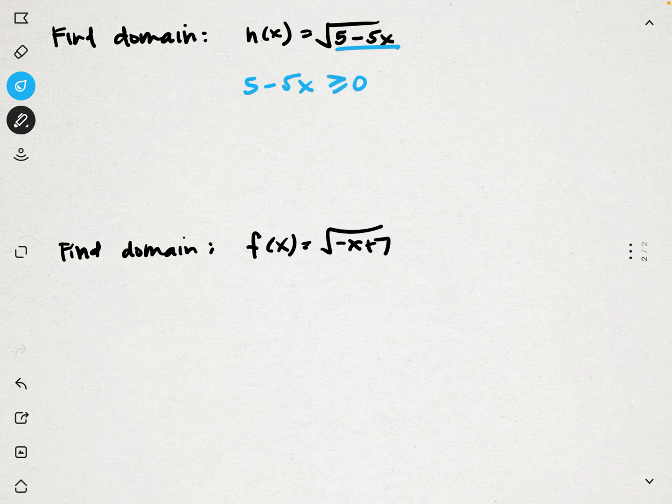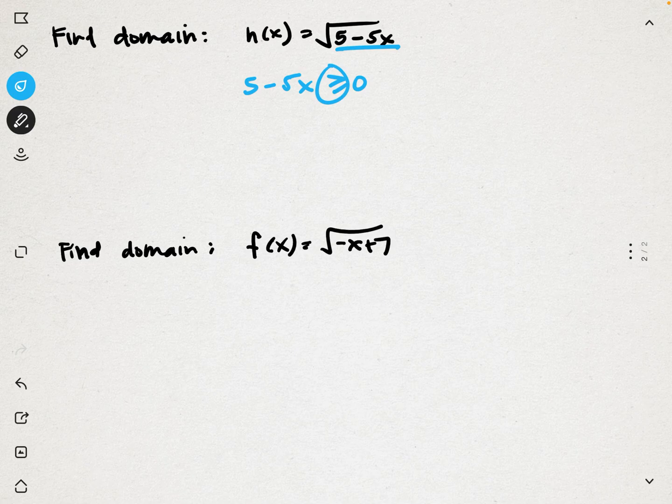Anything under the square root sign has got to be either equal to 0 or greater. So we're going to use our algebra to solve. The tricky thing is that anytime we multiply or divide both sides of an inequality by a negative, we have to flip the sign. That's the one tricky part here.